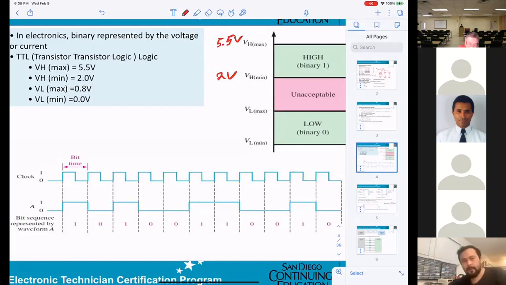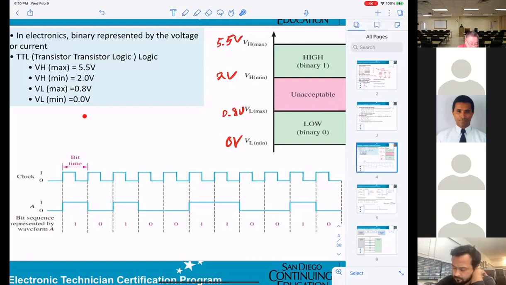And any voltage less than 0.8 volt, down to 0, will be a logic 0. If you measure and get 0.4 volt, that means 0. The voltage is telling you what logic it is.